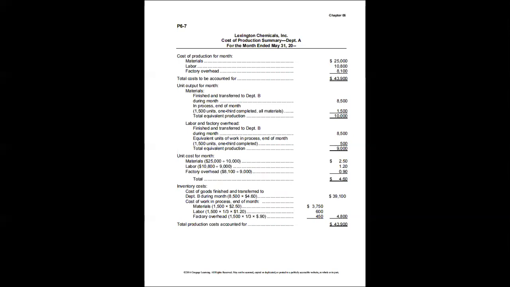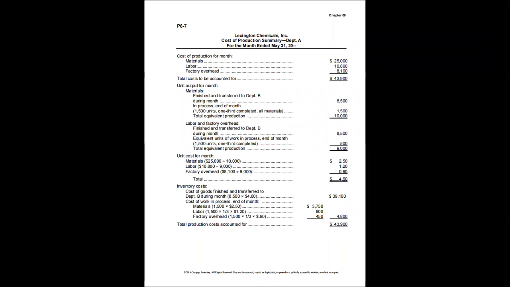So the EP for materials is 10,000. For labor and factory overhead, since the work done on the ending inventory is only one-third, so the EP is 500 for labor and factory overhead. Total equivalent production is 9,000. For the unit cost for the month, we have materials 25,000 divided by 10,000 for the equivalent production of materials.